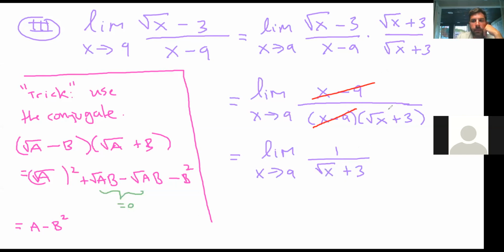And now I'm able to play the game the way I want to play it, because I can plug in 9 without any repercussions. If I plug in 9 now, I'm not cheating, I'm not breaking the law. I am getting 1 over the square root of 9 plus 3, which of course simplifies to 1/6.